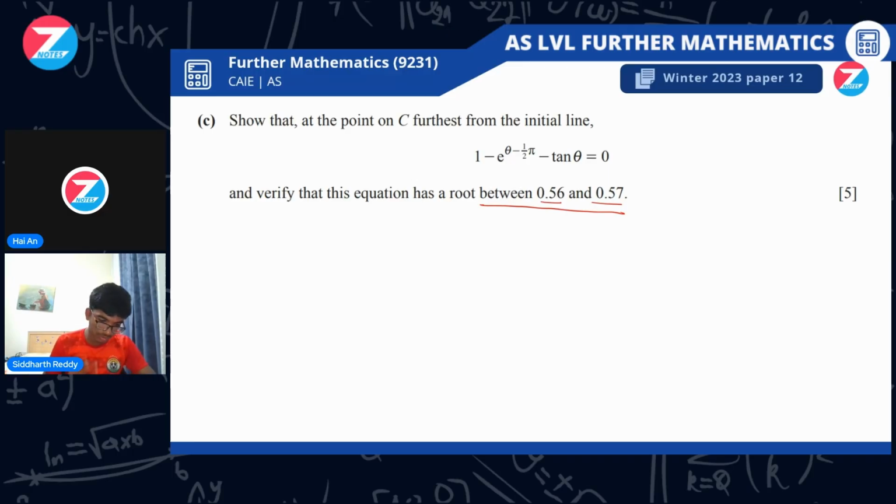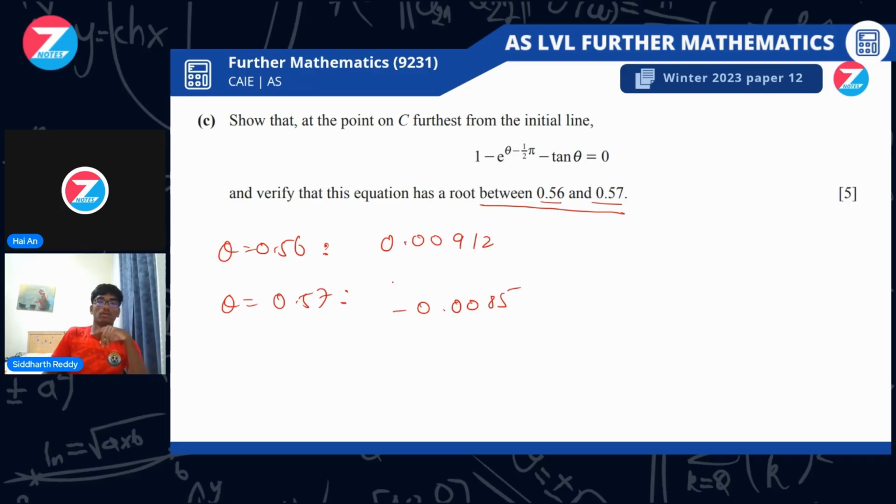So you get something like, at theta is equal to 0.56, we have 0.00912, and at theta is equal to 0.57, what do we have? We have minus 0.0085.